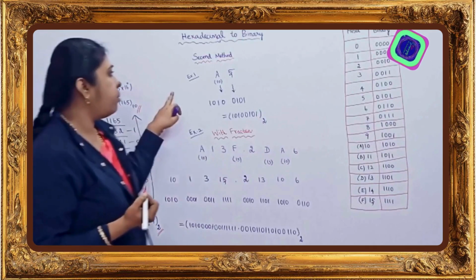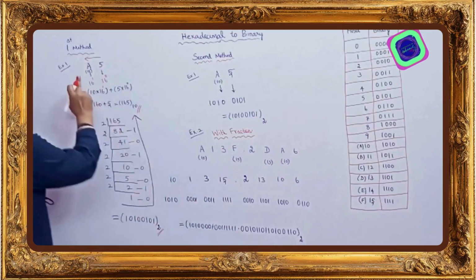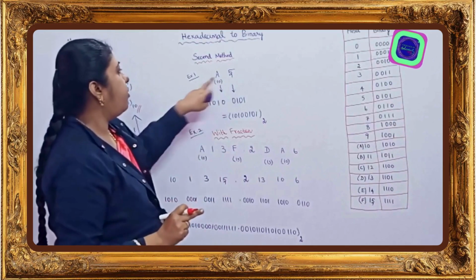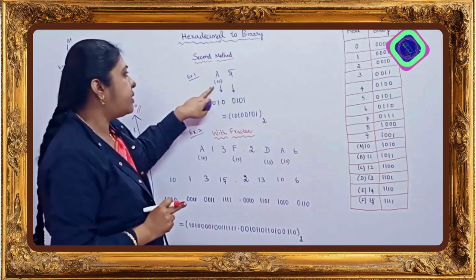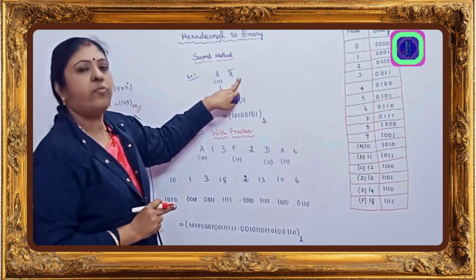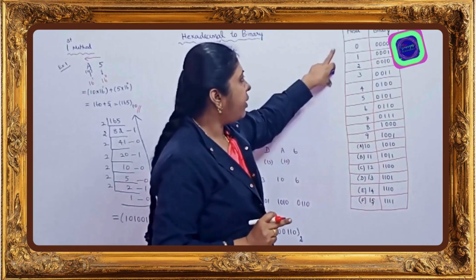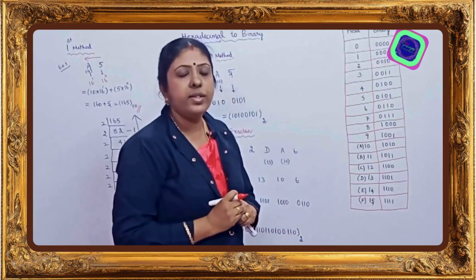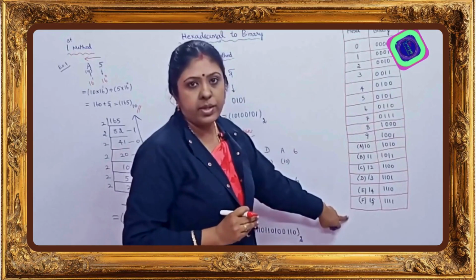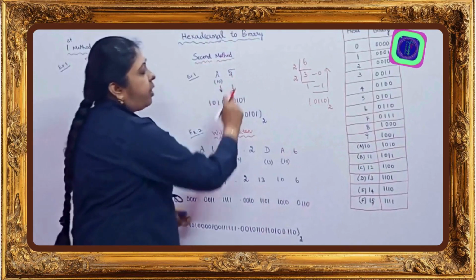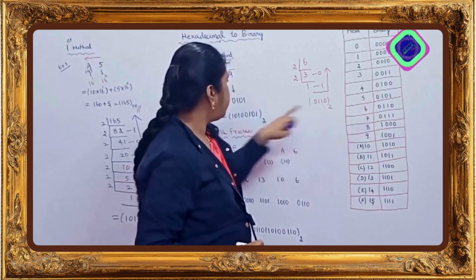Now consider the second method. I am taking the same example, A5. A is represented as 10, and 5 is as it is, 5. Consider the table: each hexadecimal digit has a 4-digit binary value. For 5, from the table we can directly write 0101.